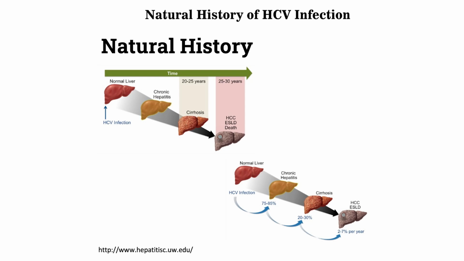But sometimes after 10, 15, 20 years, we can see some inflammation of the liver, can see some changes in the architectural appearance of the liver, the cellular structure of the liver, and those individuals may go on to develop end-stage liver disease, cirrhosis, or cancer. And that is represented in both of these pictorials. But for those individuals who may be treated and cured, we can stop some of that progression before it gets to some of those later stages.